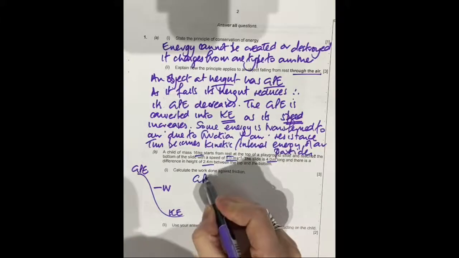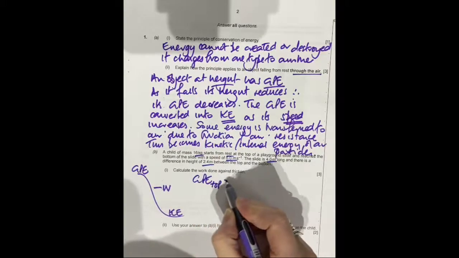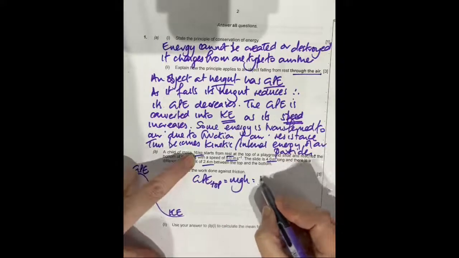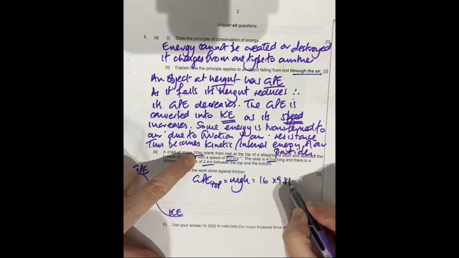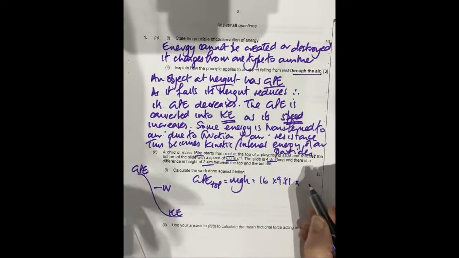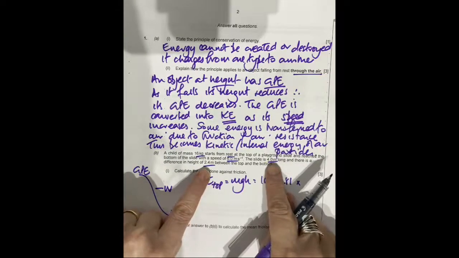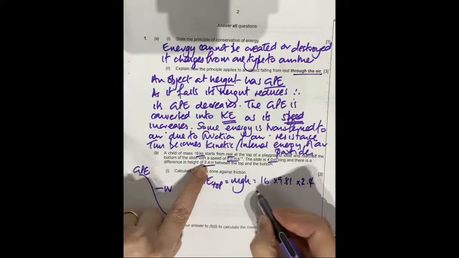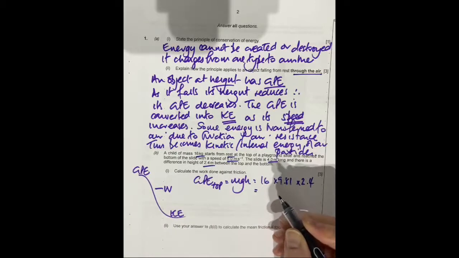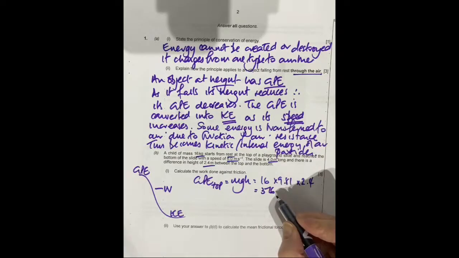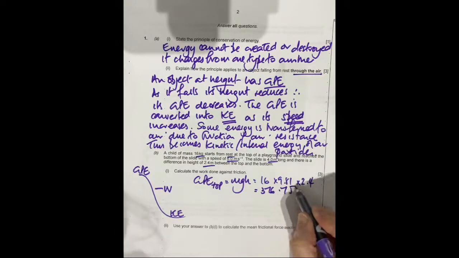So GPE at the top is mgh, so that is our 16 times 9.81. How tall is this? Which one of these distances am I using for GPE? Vertical height. Okay, so the GPE at the top, I think that comes to 376.7 joules.